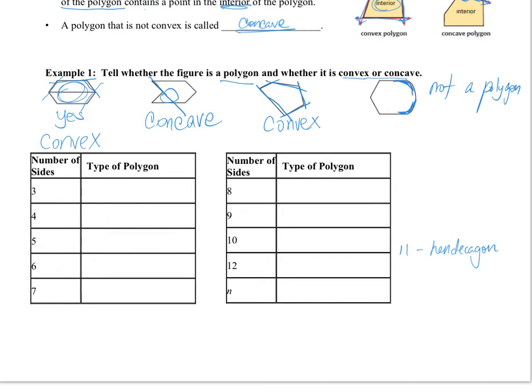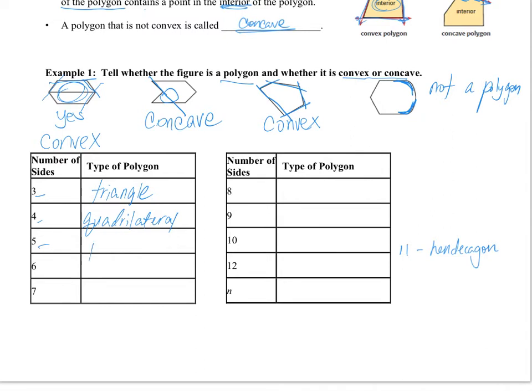Now we have naming the types of polygons, and we're going to begin with the most basic one, the triangle, with 3 sides. With 4 sides, we call it a quadrilateral.